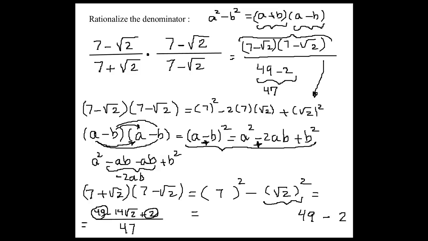So this would be equal to 51 minus 14 radical 2 over 47. We rationalize the denominator, we combine the terms, and this is the final answer.